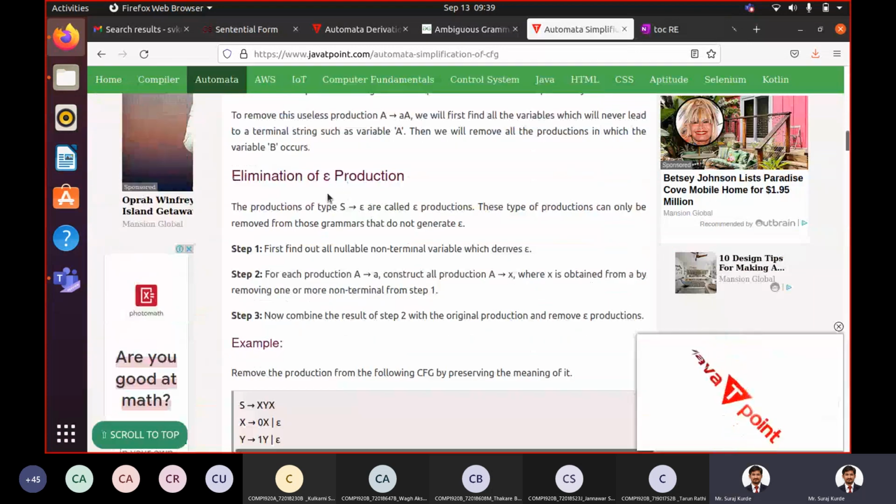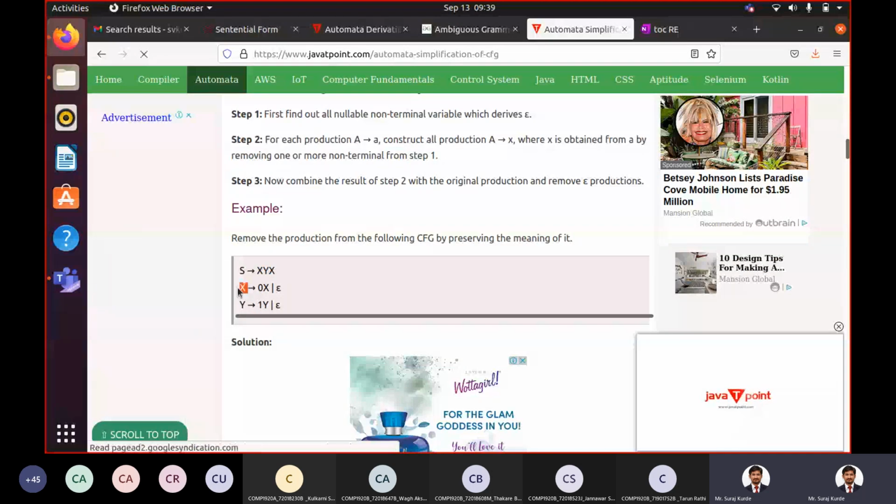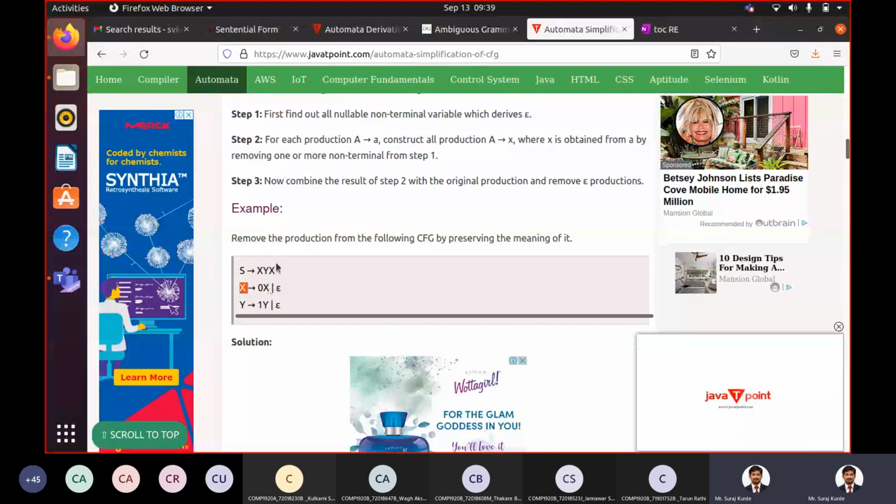Second, remove epsilon production. To remove epsilon production, replace this non-terminal wherever it appears on the right hand side, and whatever new production rules are generated, add them to the original grammar. Consider this grammar. S produces XYX, where X and Y are both capital. Then X produces 0X or epsilon.